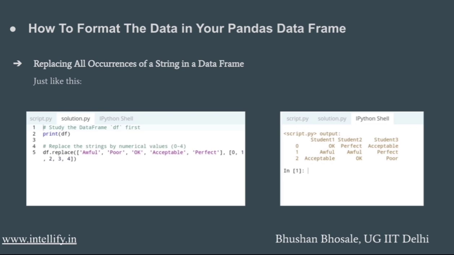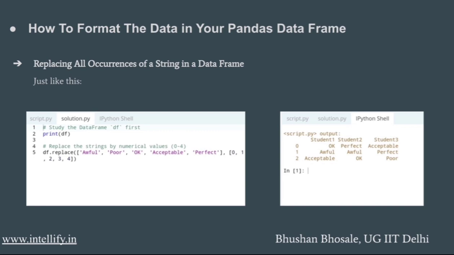Now let us see that in the code. So first of all we would print df. The output that is shown in the right figure is the df, and then we would pass the command df dot replace, and we have passed a whole bracket. So what it would do is replace all the characters by numerical values between 0 to 4, and the output is not shown.